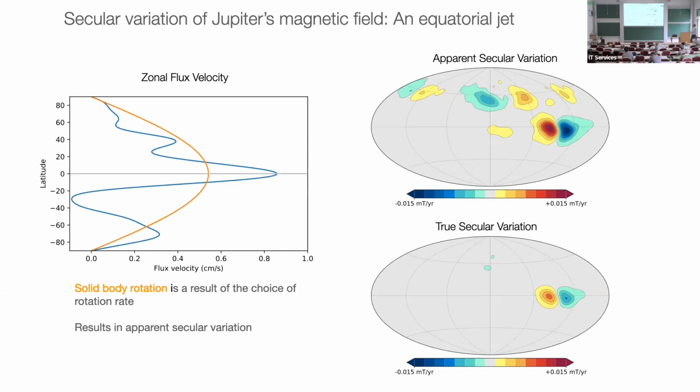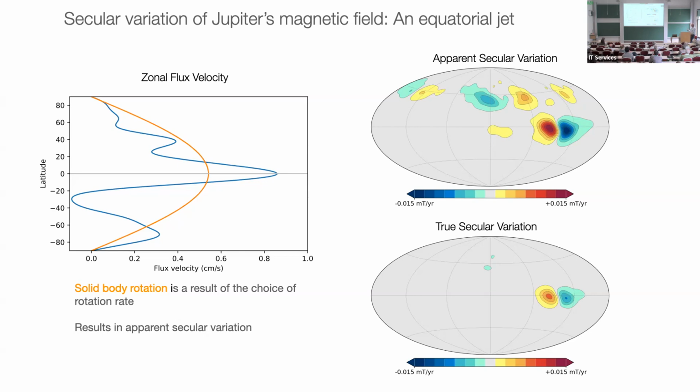On the left here, the blue line curve is the zonal flux velocity that we obtain from the inversion. I'm calling it a flux velocity, rather than a flow velocity, because of some of the concerns about using Roberts-Scott, that maybe what we're really observing is the rate at which flux lines move rather than the rate at which the fluid moves, but I think they're probably similar.